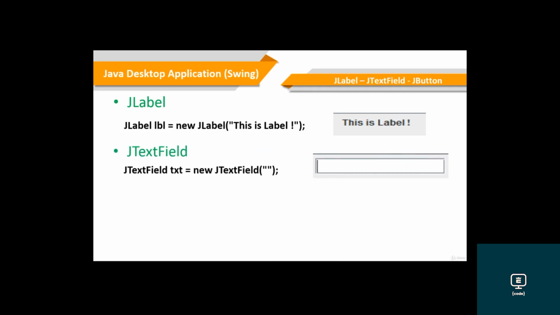JTextField is a class of Java Swing, and it's a text component that allows the editing of a single line of text. And the JButton is a class of Java Swing. It's used to create a labeled button. So when the button is pushed, some actions are performed, for example, save, update, delete, etc.